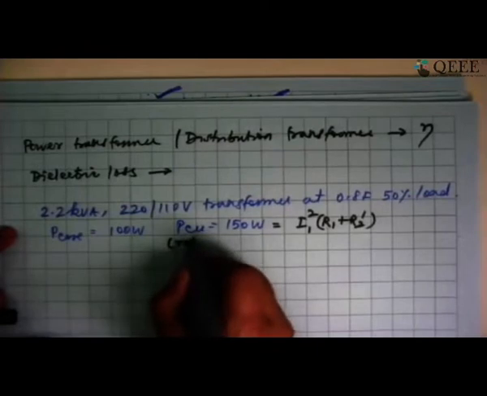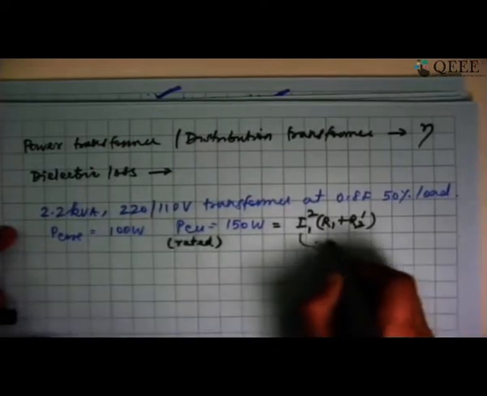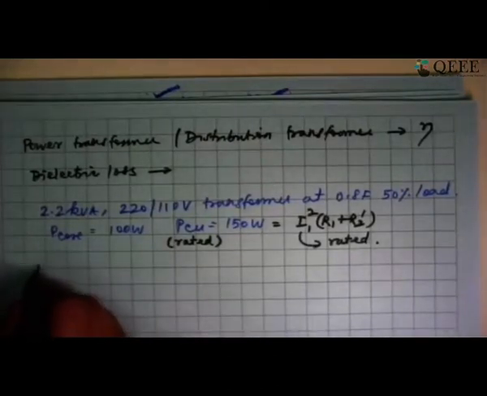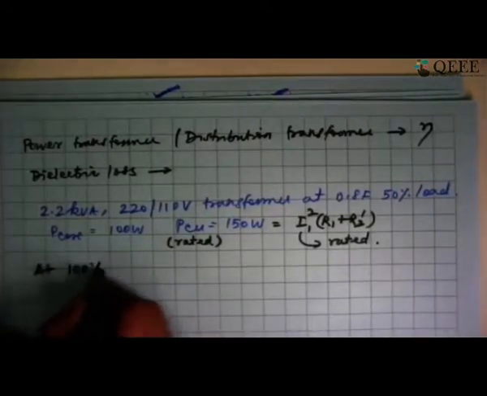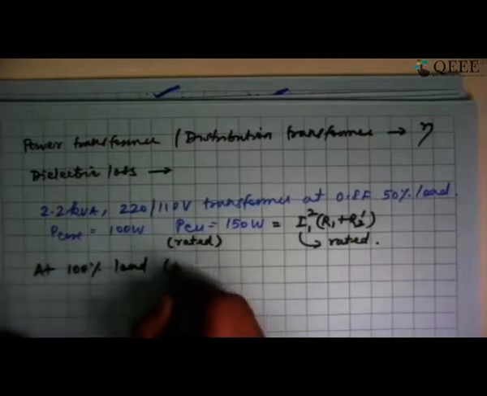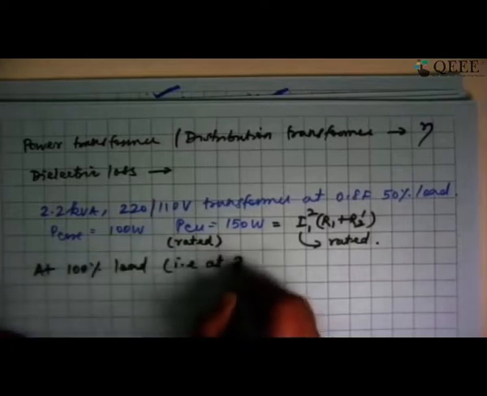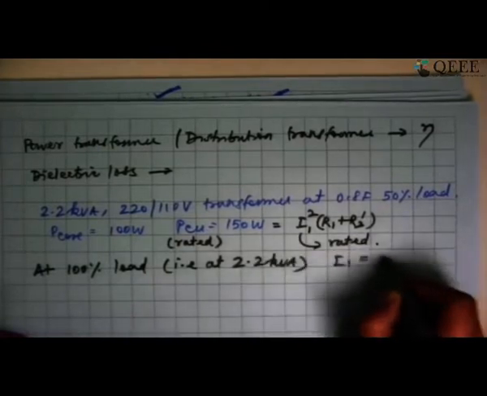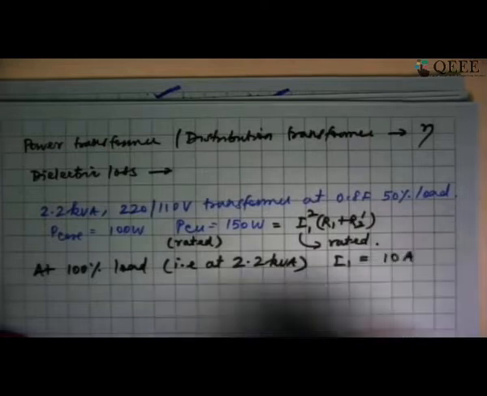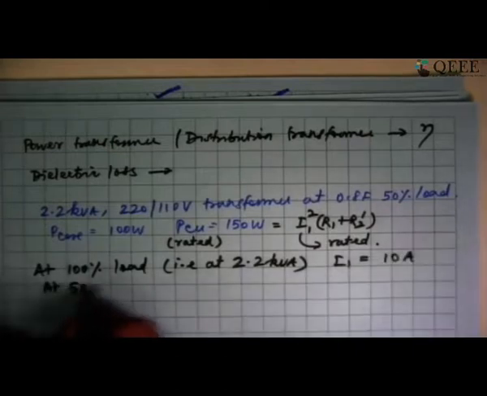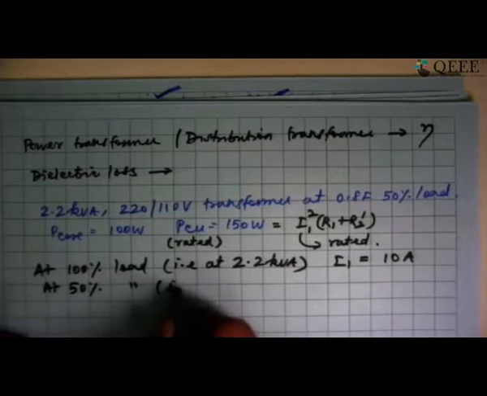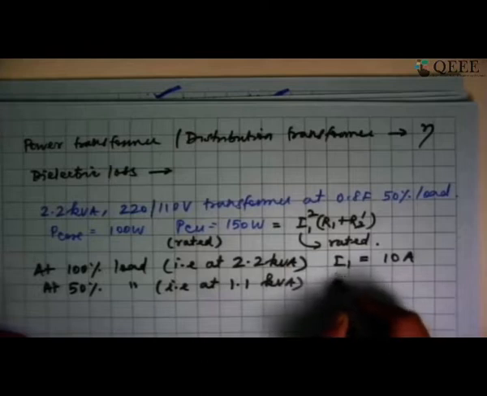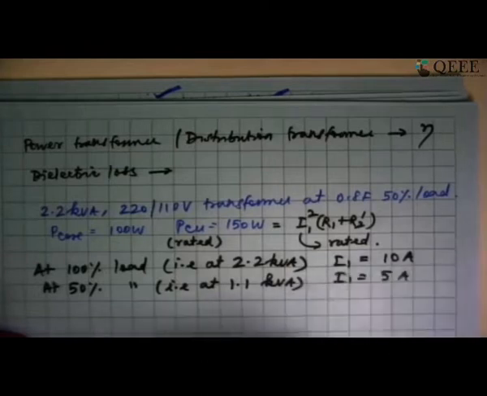If I say this is rated, this current should also be rated current. So that means at 100% load, that is at 2.2 kVA, the current on the primary side will be 10 ampere. But at 50% load, that is at 1.1 kVA, the current will be only 5 ampere.